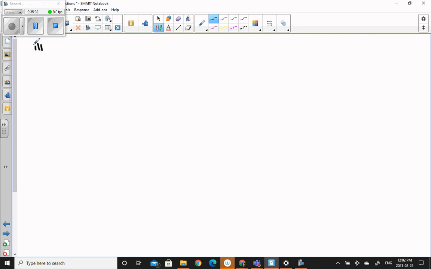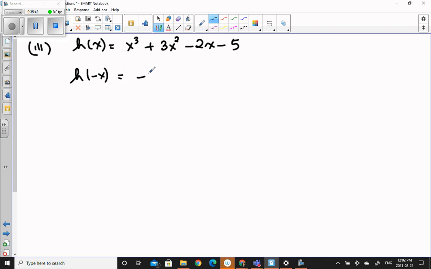Third example we have is h of x equals x cubed plus 3x squared minus 2x minus 5. So if you did h of minus x, it's minus x cubed plus 3 times minus x squared minus 2 times minus x minus 5.